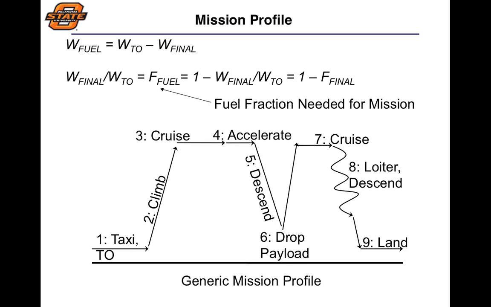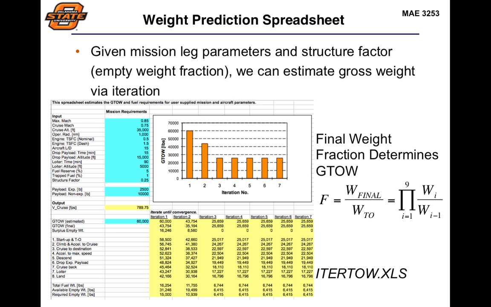So we have to take each one of these segments, determine how long we're going to be taxiing, how long we're going to be climbing, how long we're cruising, and then estimates of how much fuel we're going to be burning in each one of those segments. Then we can put all those together, iterate it, and come up with an estimate.